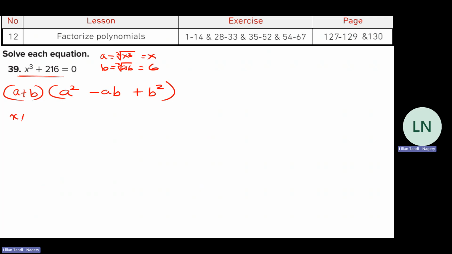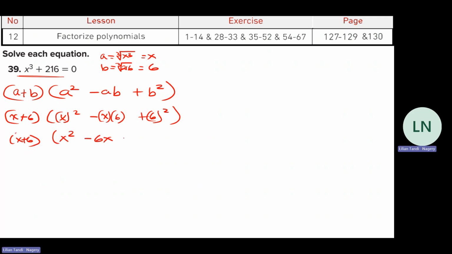So here you're going to do x plus 6. Here you do x squared, then x times 6, and then 6 squared. So this gives you x plus 6, and this gives you x squared minus 6x plus 36.